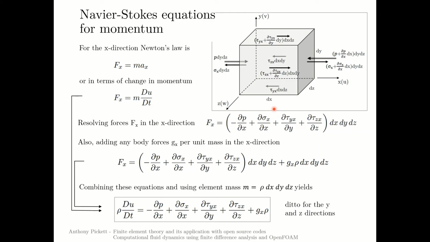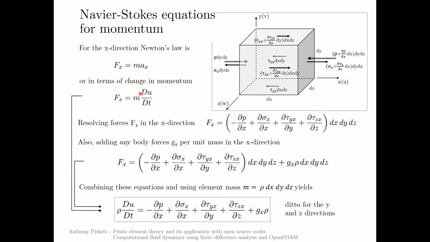But if we just look at the x direction, through Newton's second law we have force equals mass times acceleration. Again, only looking in the x direction. Or in terms of change in momentum, the force is equal to the mass times the change in velocity over time.